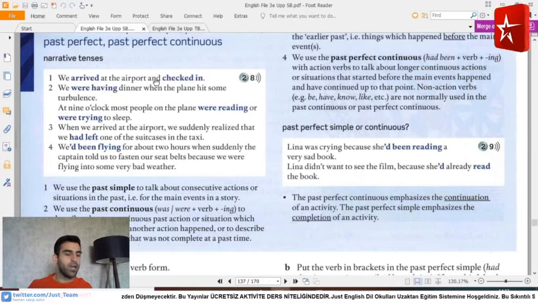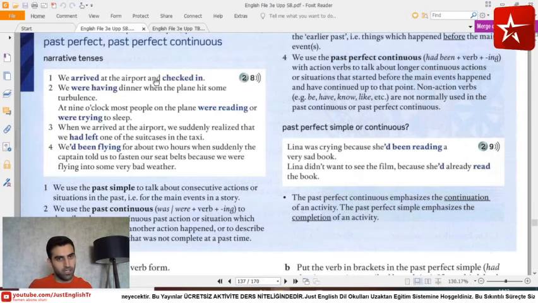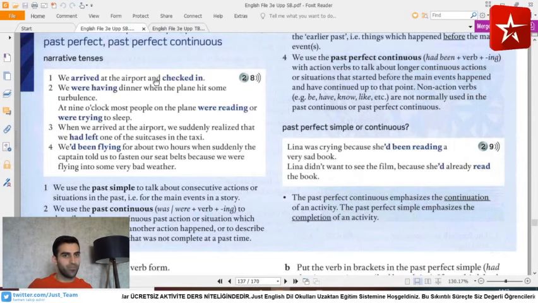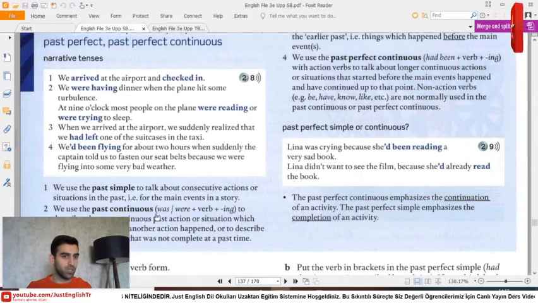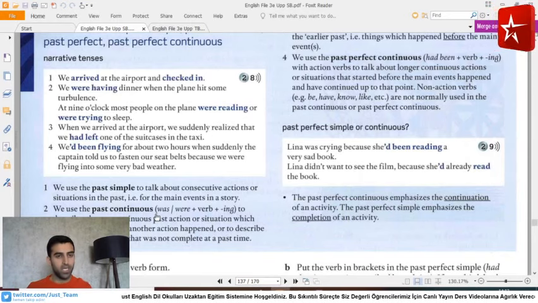So firstly, I went to Justenglish in order to register, and then I started learning English. This is a past simple. We use a past simple to talk about consecutive actions or situations in the past for the main events in the story. Look at the second type of the sentences.